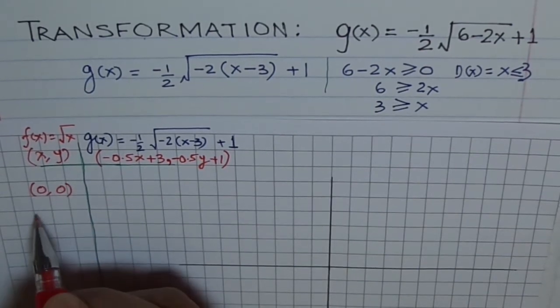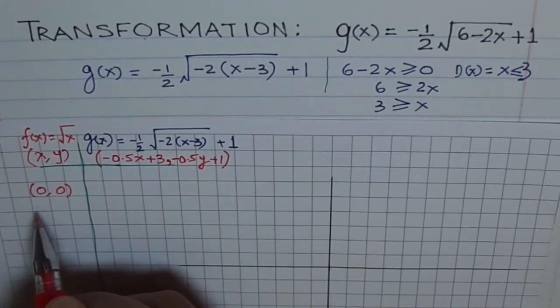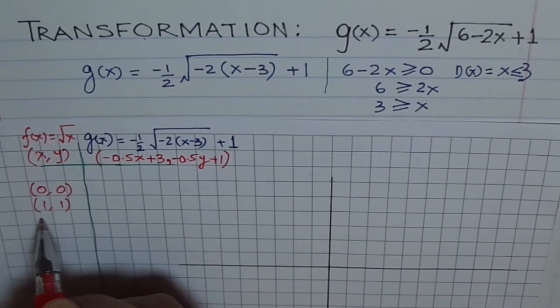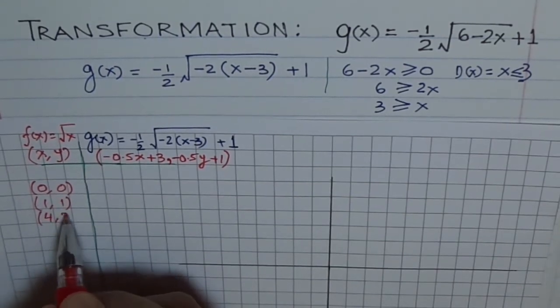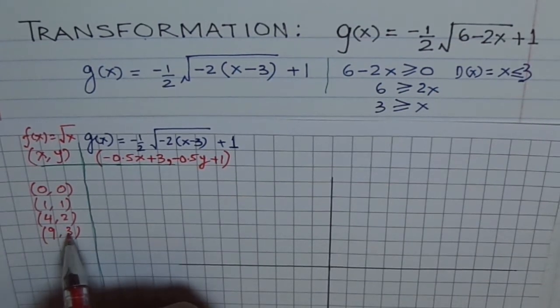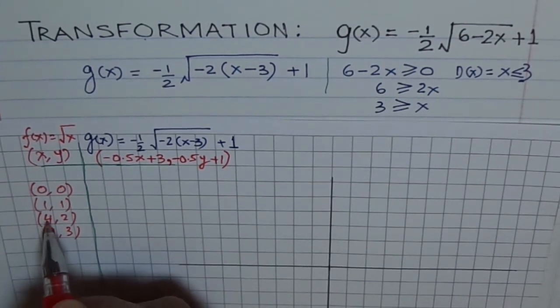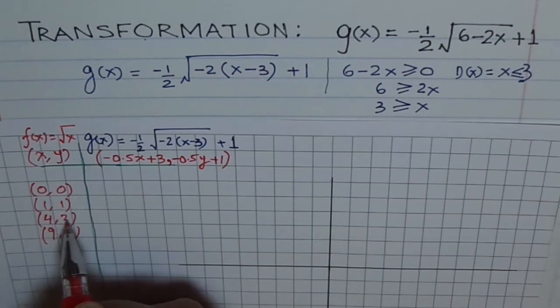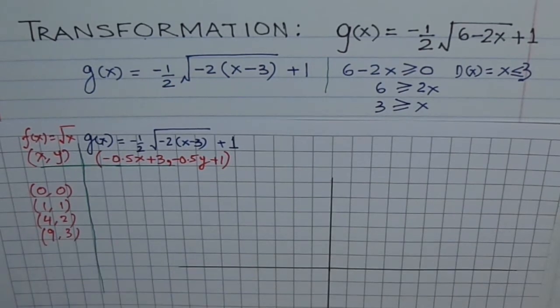(0, 0), (1, 1), (4, 2) and (9, 3). Square root of 9 is 3. That's what we are trying to say. Square root of 4, so x is 4 and the y value is square root of 4, which is 2. Now see how these points get transformed. Let's do our maths.